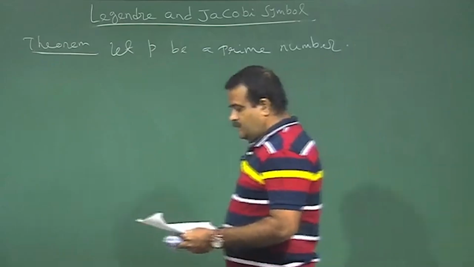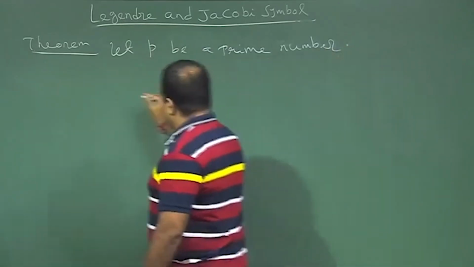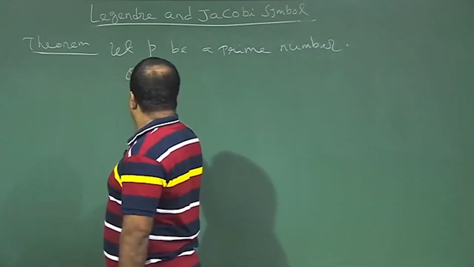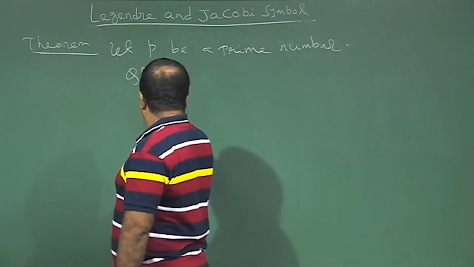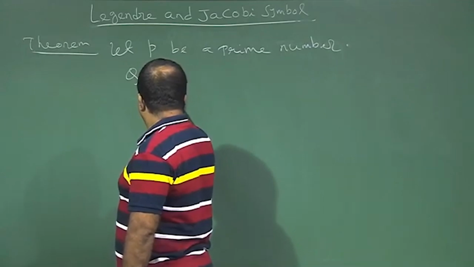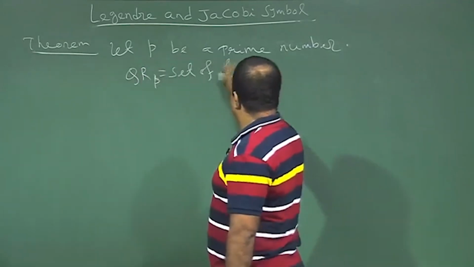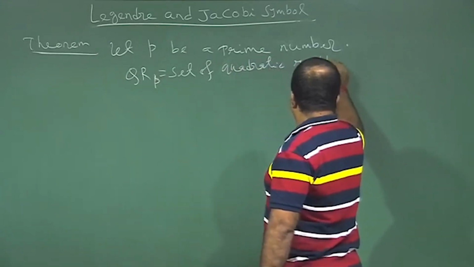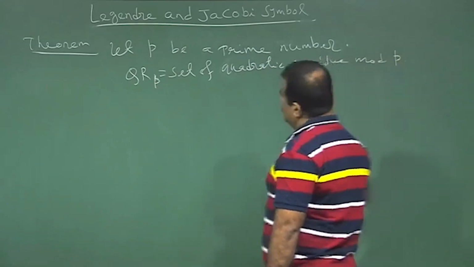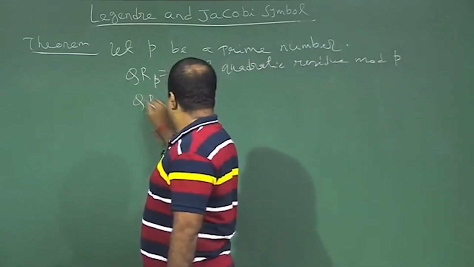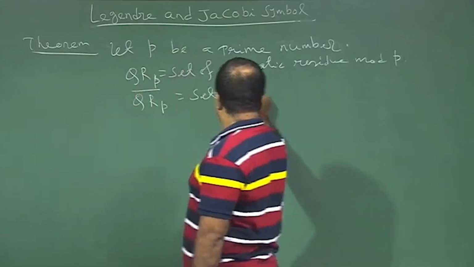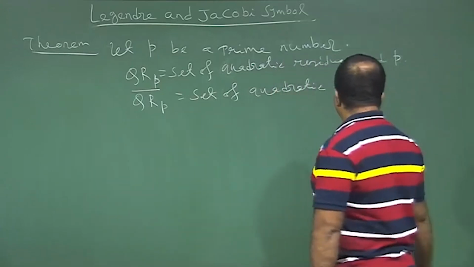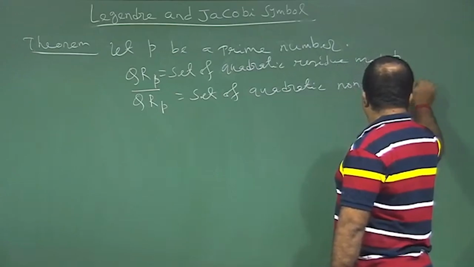And then we denote by QR_p the set of quadratic residues mod p, and QR_p bar is the set of quadratic non residues mod p.